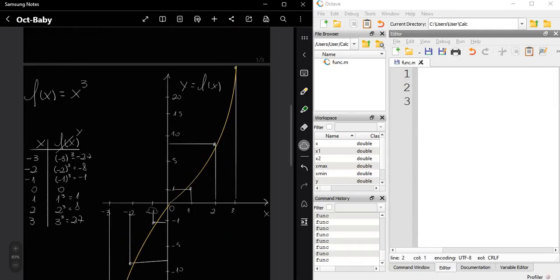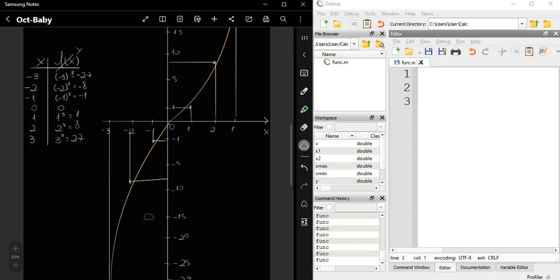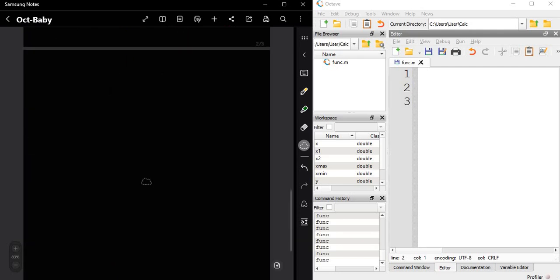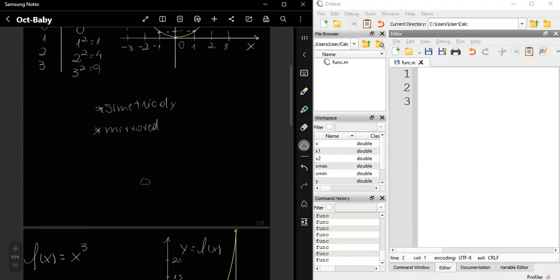We also did a sketch and plotted the function x cubed, and I commented that this function is symmetrical but not mirrored. If you mirror one of these sides, the other side will not be equal, so this function cannot be mirrored. And okay, I'm not a math teacher.